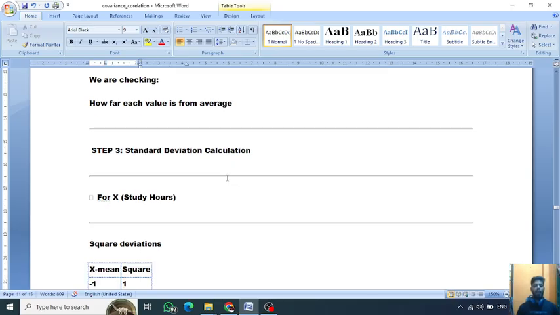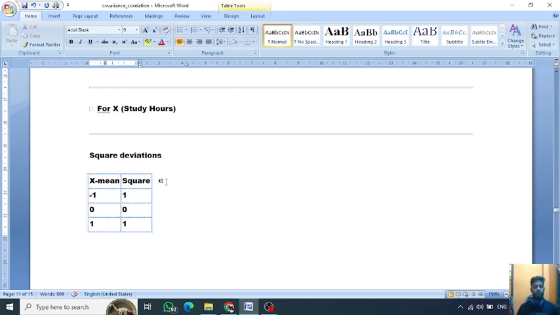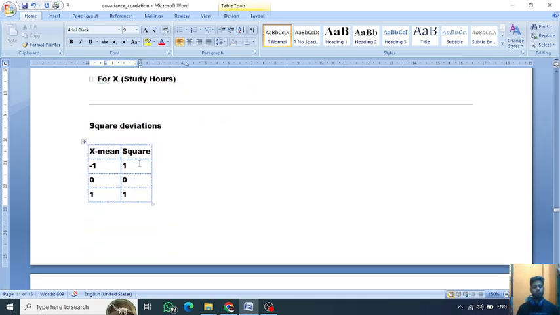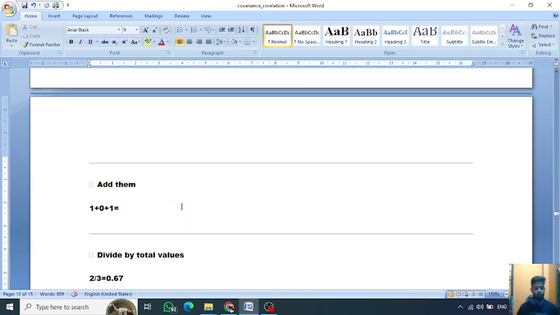Now we have to find the standard deviation for x. Here x minus mean is minus 1, 0, 1. We first square all the values, and then add all the values. That is 2.